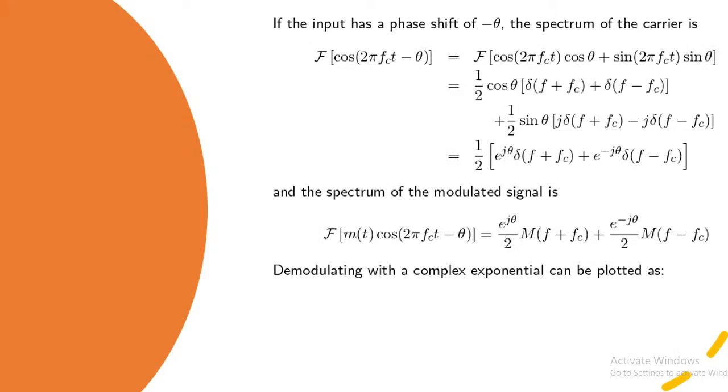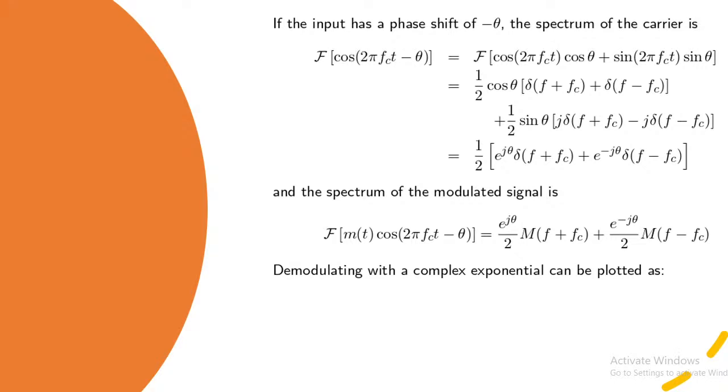Suppose the input has a phase shift of minus theta instead of minus pi. So the spectrum of the carrier will be the Fourier transform of cos(omega ct minus theta), which is cos omega ct cos theta plus sin omega ct sin theta. Take the Fourier transform, that will be half of exponential j theta delta f plus fc plus exponential minus j theta delta f minus fc.